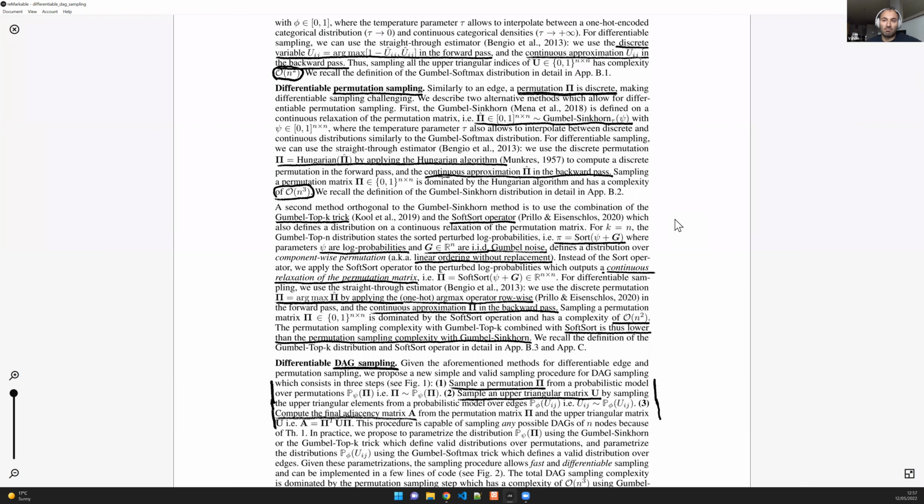Okay, I guess it's fine. And this is actually interesting. I didn't quite understand how exactly they do it, because they say we use the Hungarian algorithm to compute discrete permutations in the forward pass. Now, the Hungarian algorithm is a resource allocation algorithm.